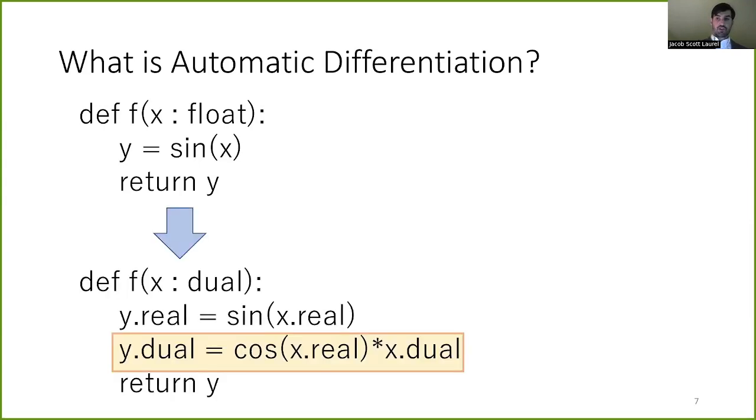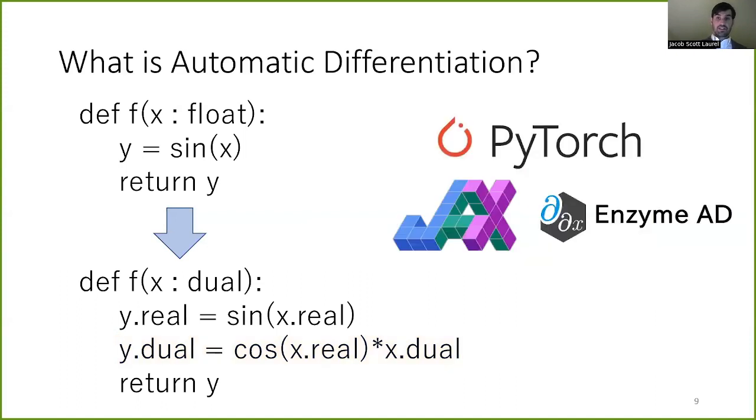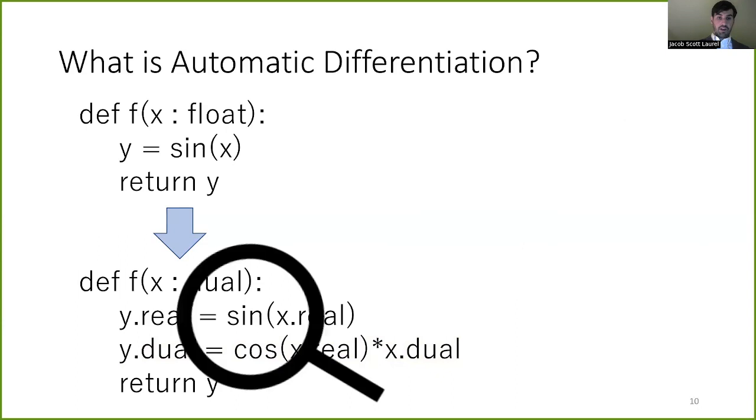Since it's a differentiable function, I can think about having another program that computes that derivative. Now, it turns out this program can be constructed automatically using the rules of calculus. In fact, it's exactly what things like PyTorch, JAX, and Enzyme all do for you fully automatically. Now, as mentioned, we're going to be interested in analyzing that derivative computation.